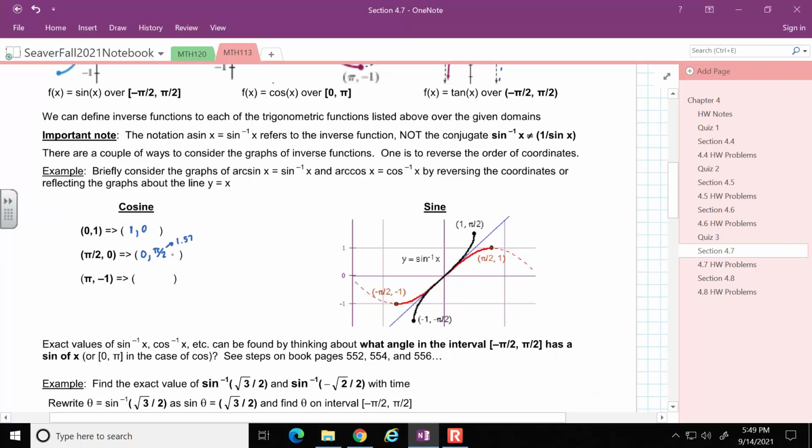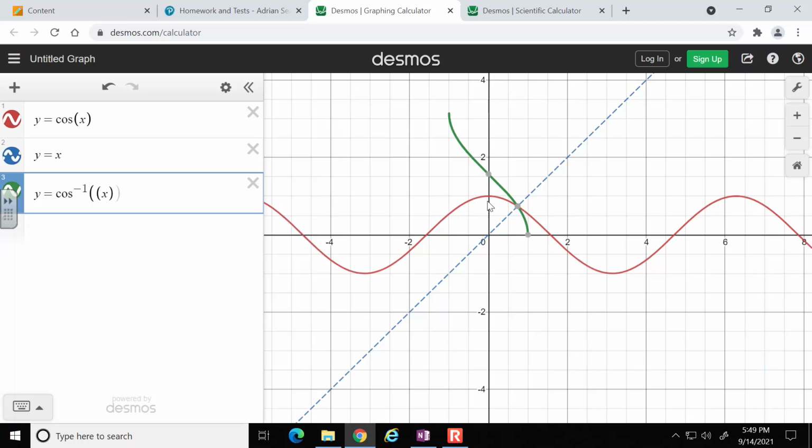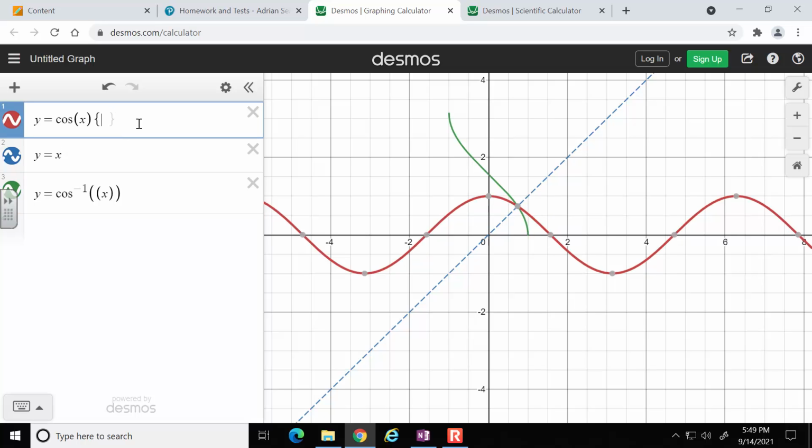So we said 0, 1.57, so 0, 1.57 pi halves is right there. So here's a look at the inverse cosine and the cosine graph. And we're saying we want that to be between 0 and pi.